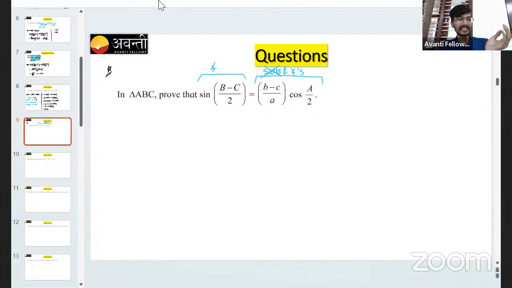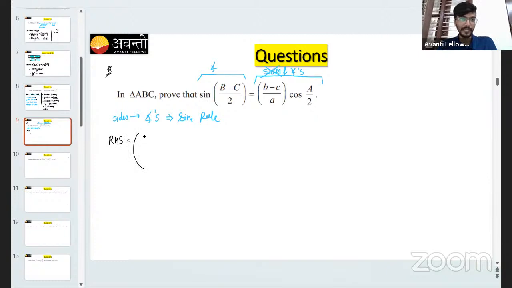That means in RHS, I need to convert sides to angles. Sides to angles implies which rule? Sine rule. Because cosine rule only gets me angles to sides. So in RHS we use sine rule.